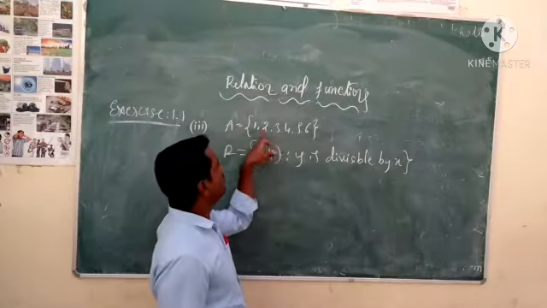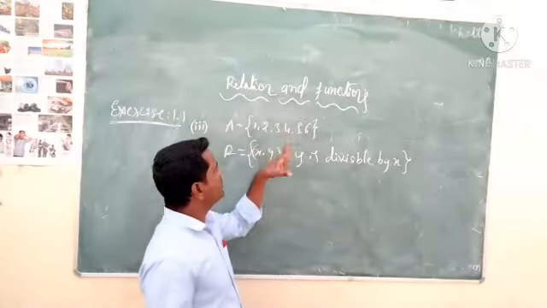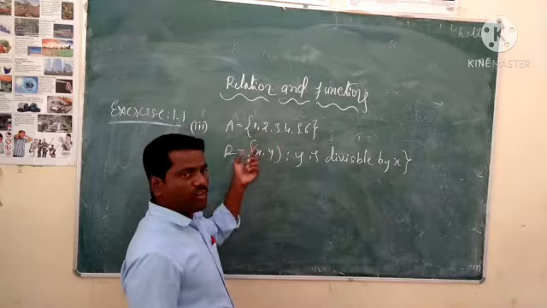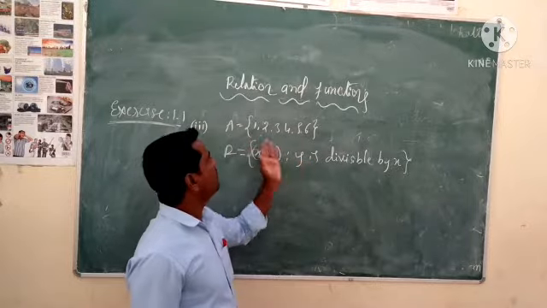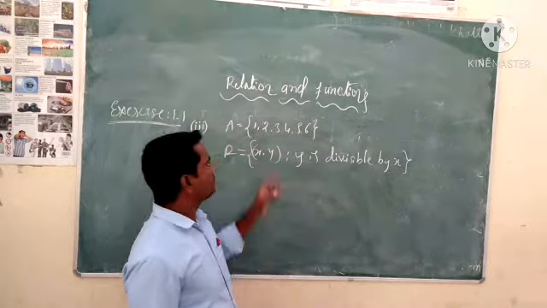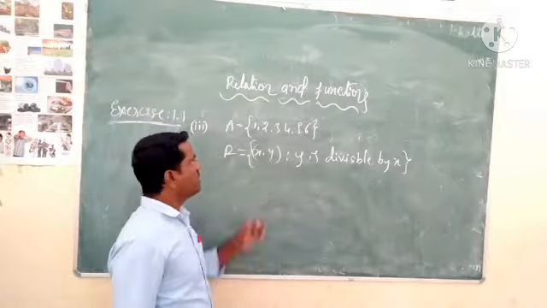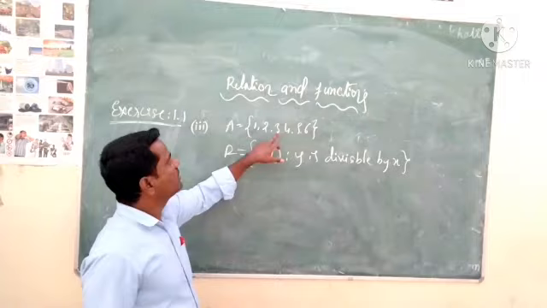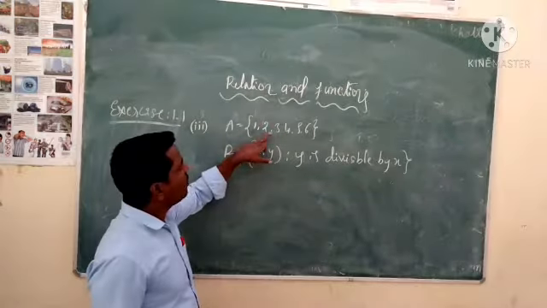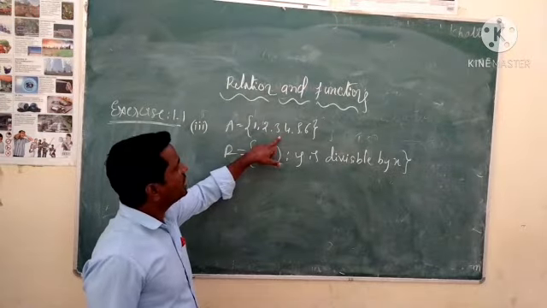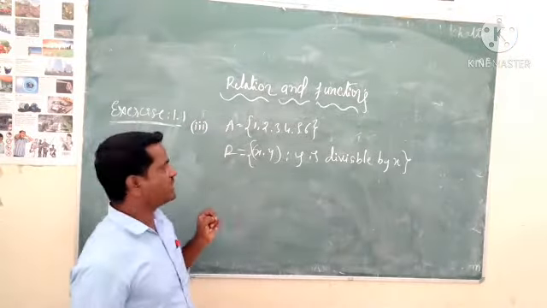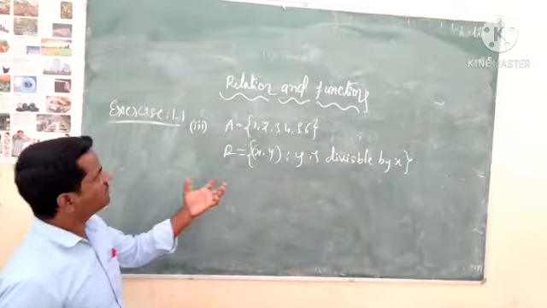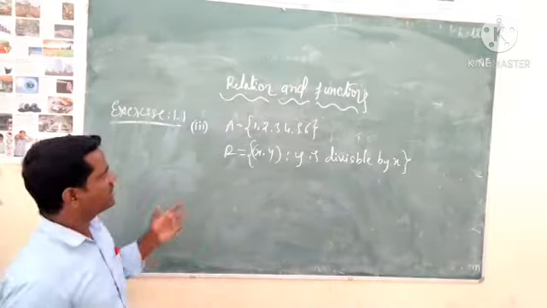If x is 1 and y is 3, it is also divisible. When x is 1, y can be any of the remaining 5 numbers. But if x is 2 and y is 3, y is not divisible by x, because 3 by 2 gives a decimal number.